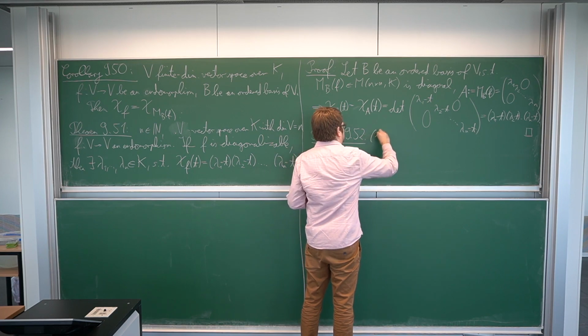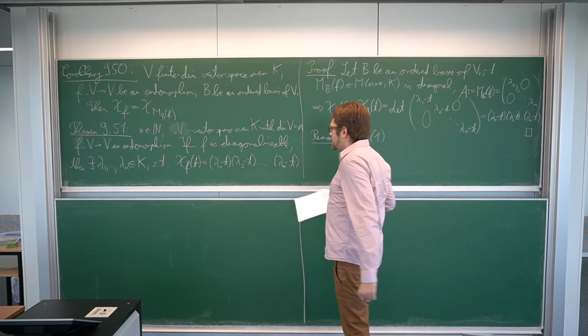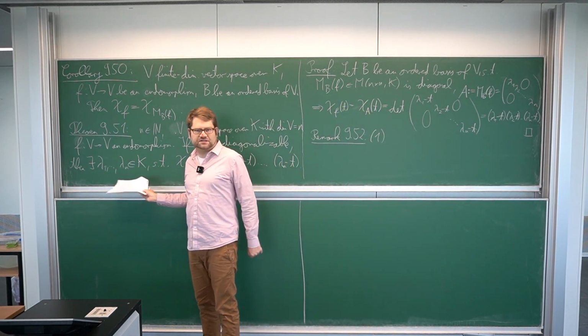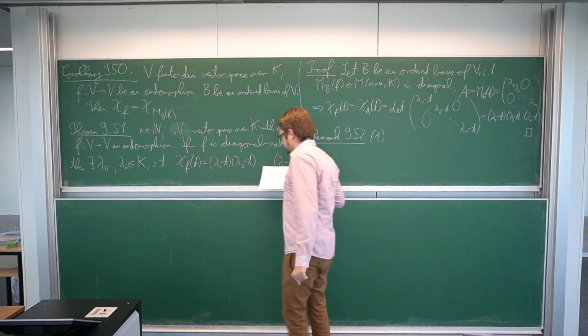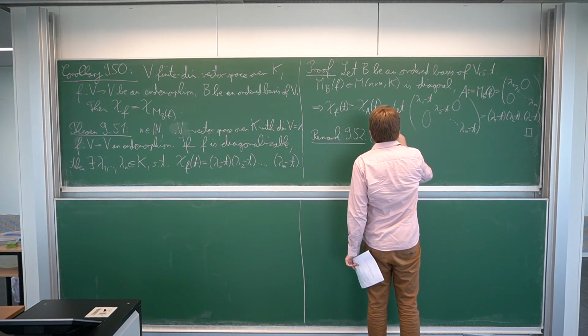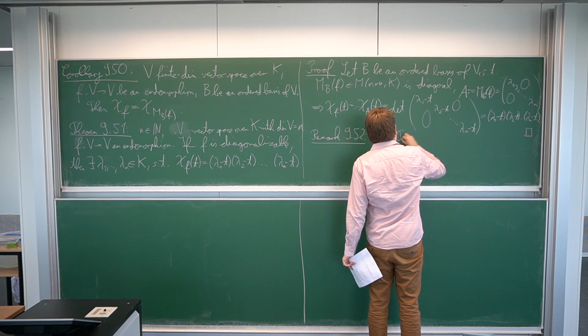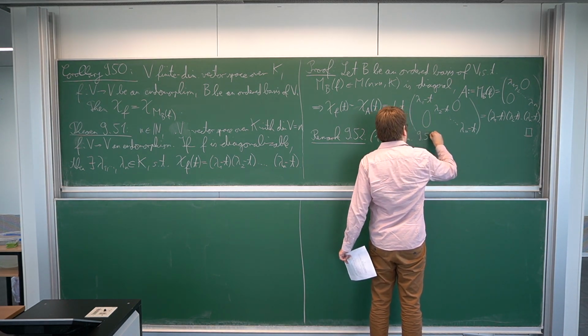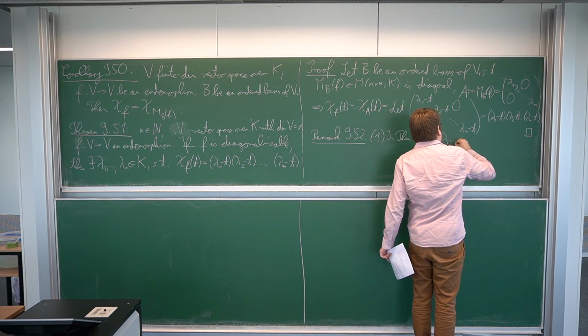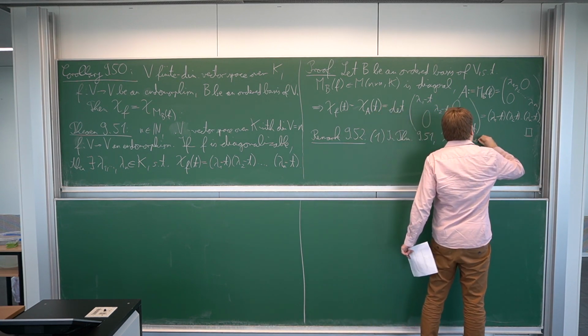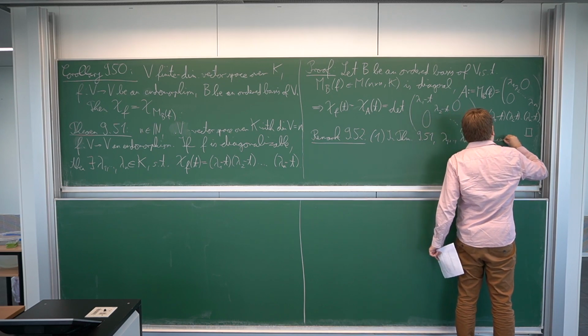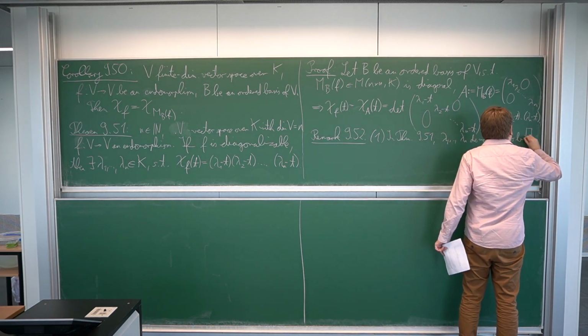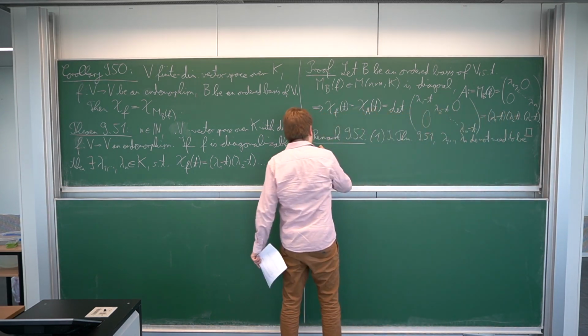First of all, part one, I haven't said anything that they don't need to be distinct. So we could have the same value here multiple times. So in theorem 951, lambda 1 to lambda n do not need to be pairwise distinct.